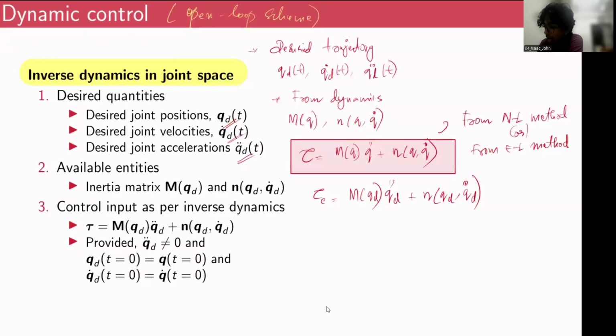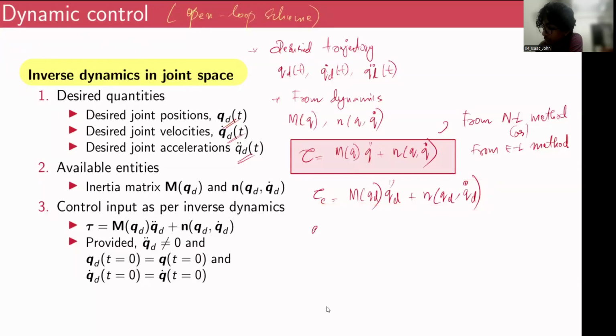Just like what we have seen in the previous case, for an open loop kinematic scheme, there are some conditions for which the inverse dynamics control scheme would not work. So let's see what are the situations where this control scheme would not work.